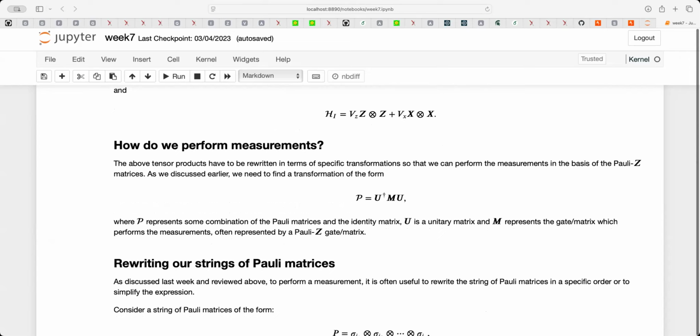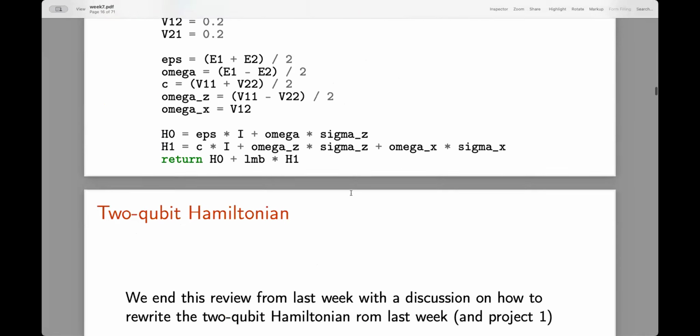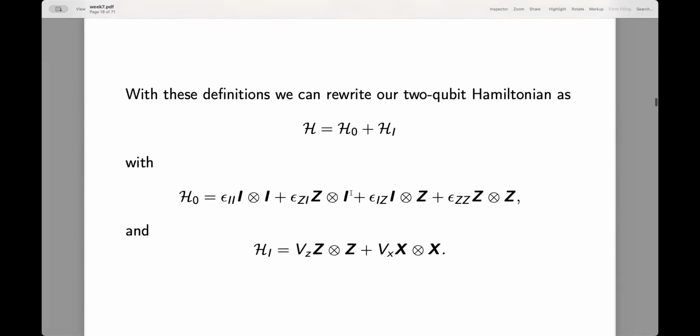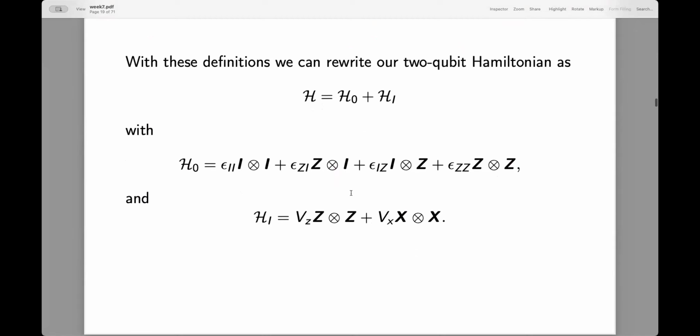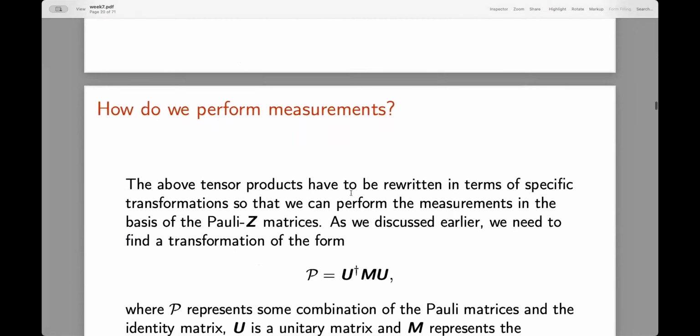But let me just quickly switch now to the, not that one. Here we are. I'm switching a little bit between the Jupyter notebook, the whiteboard and the slides.